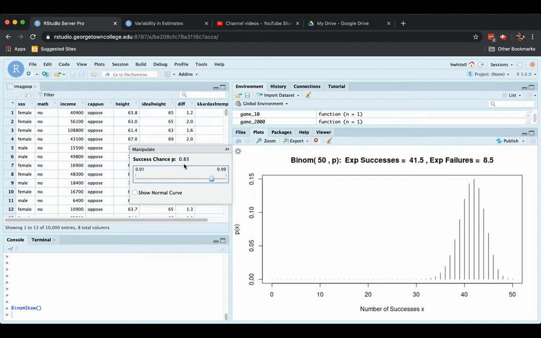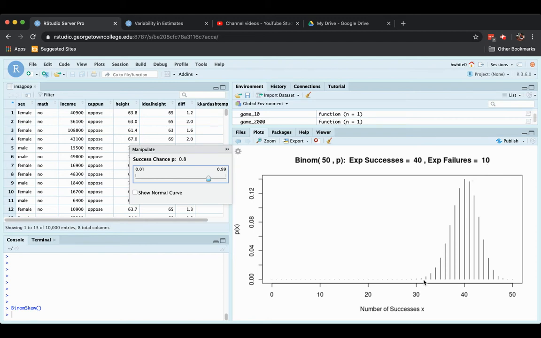We keep going. Now I'm at 0.8 for my chance of success on each trial. I'm now expecting 50 times 0.8, which is 40 successes, and 50 times 1 minus 0.8, 50 times 0.2, is 10 failures. My expected failures have gotten up enough now.